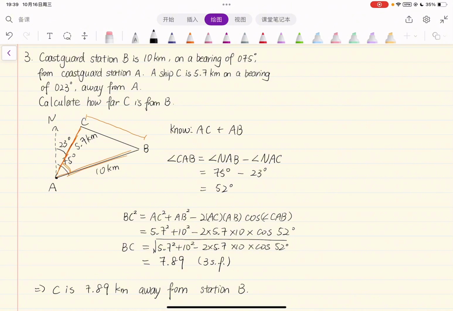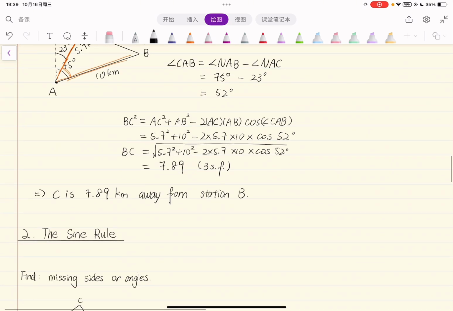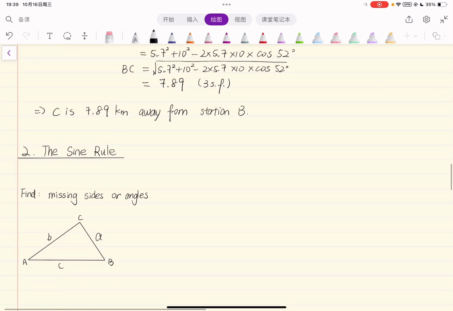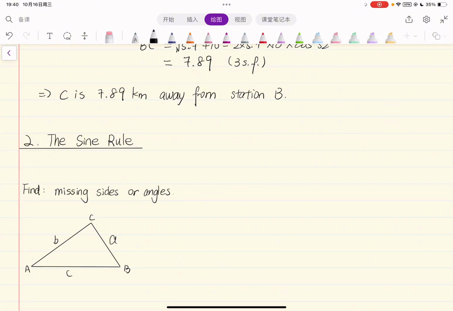So we have learned about the cosine rule. Now let's move on to see what is the sine rule. For the sine rule, you want to find the missing sides or angles.